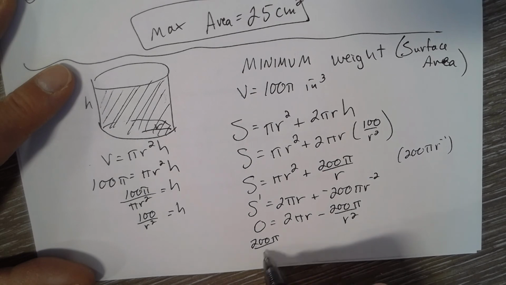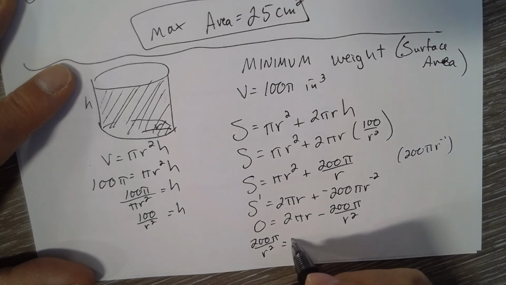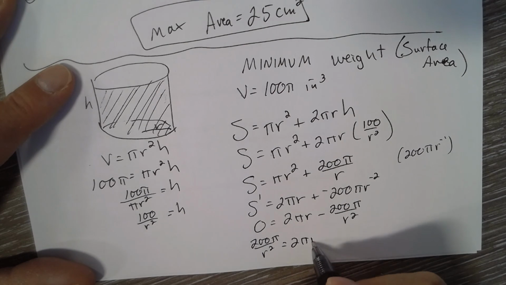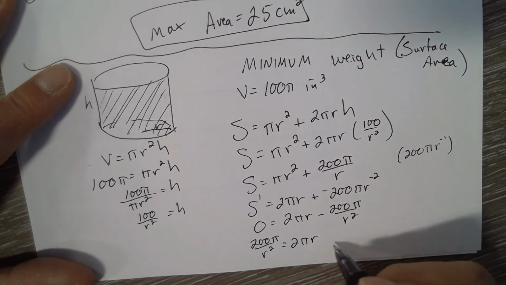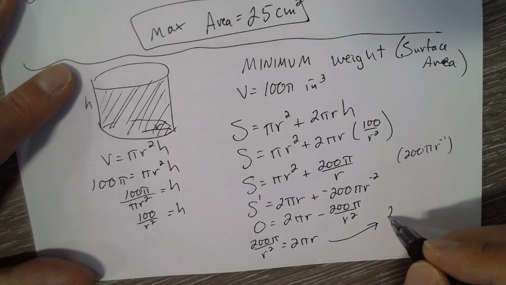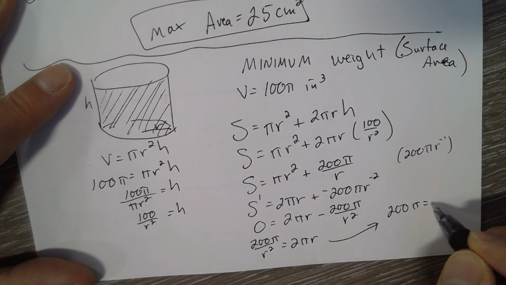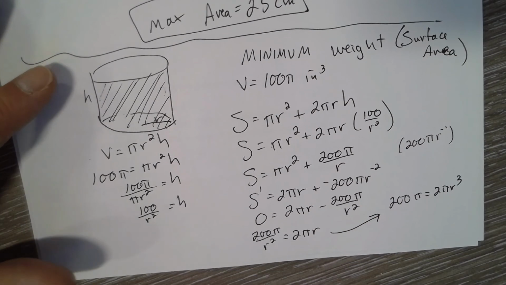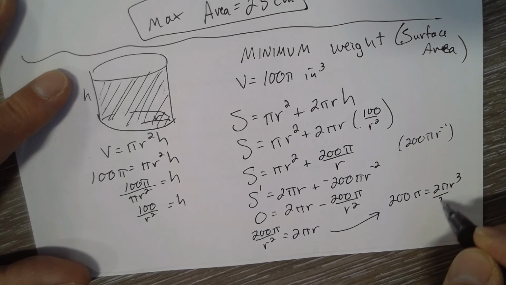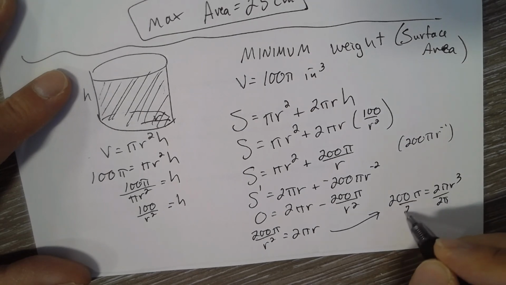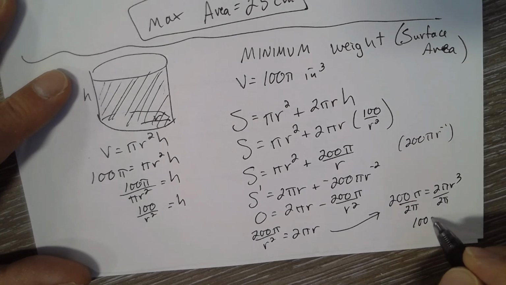Move that guy over. Multiply by r squared. So I have 200 pi equals 2 pi r cubed. Solving for r, I'm going to divide by 2 pi. So I get 100 equals r cubed. So r equals the cube root of 100.